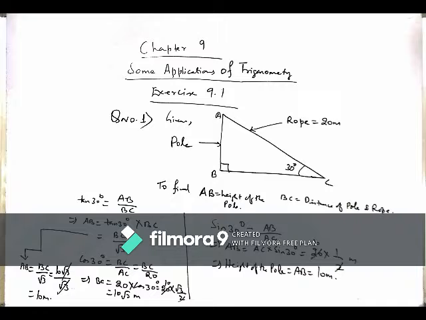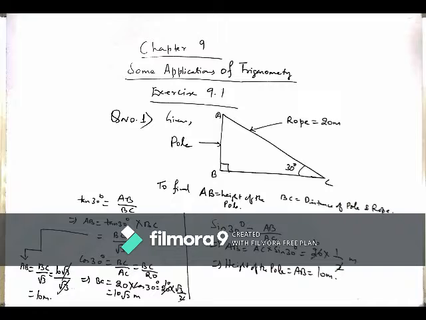So if we go for the ratio of sine theta, sine theta is opposite by hypotenuse. That particular ratio we can utilize and find the answer in one step itself, as shown in the slide.